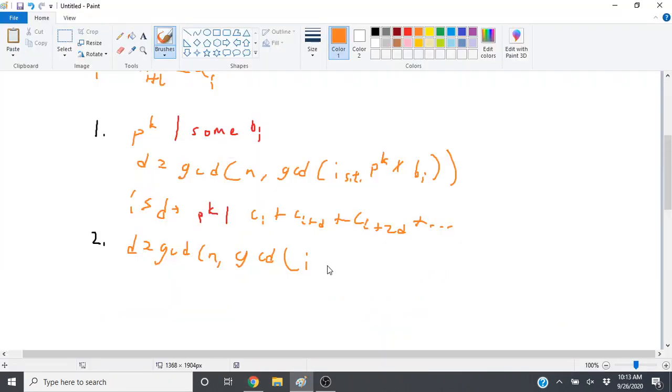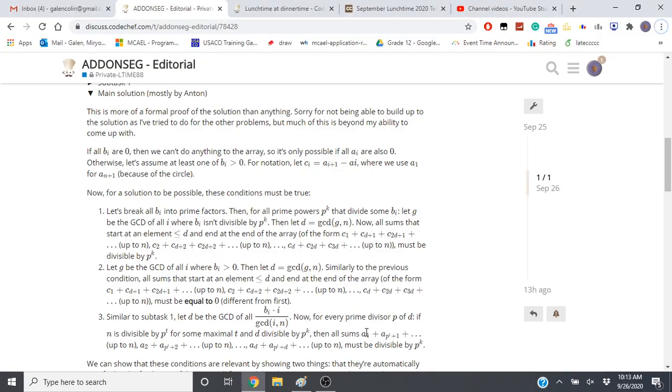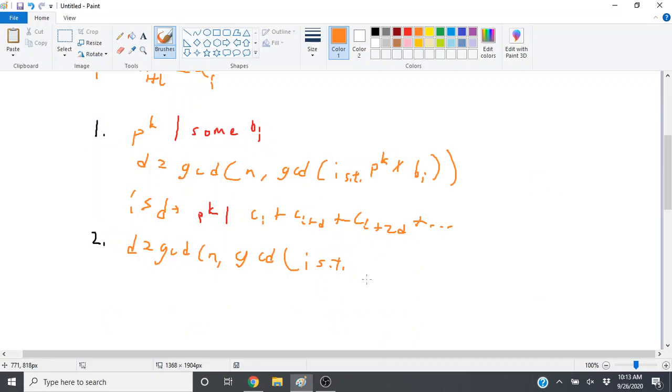Now here, we let this be the GCD of i such that bi is greater than 0. Okay. It should be 0.